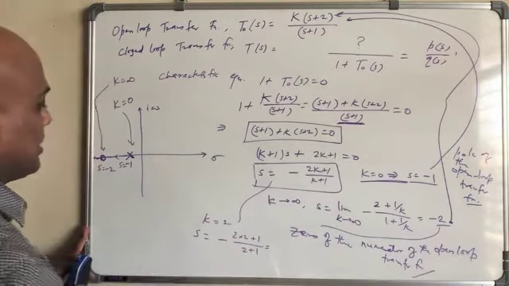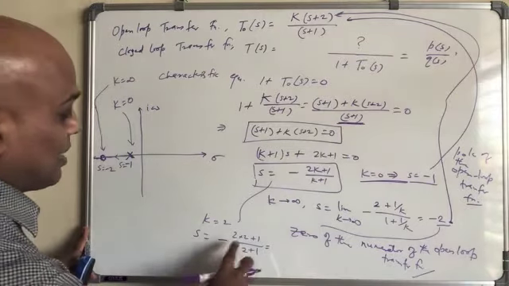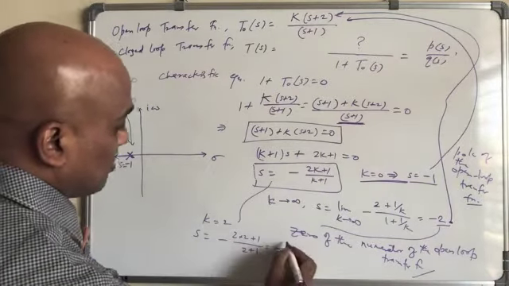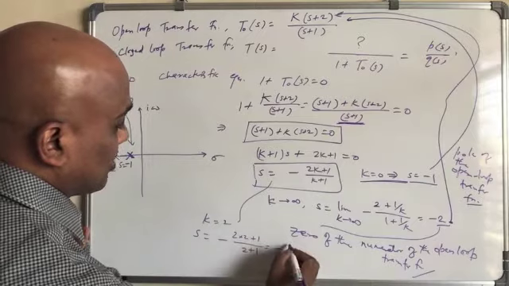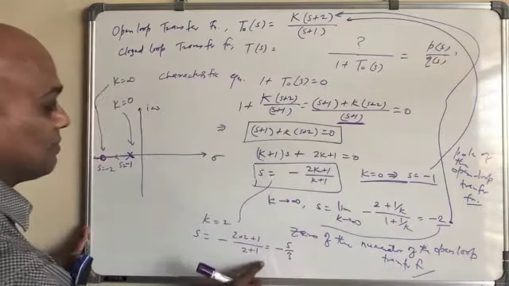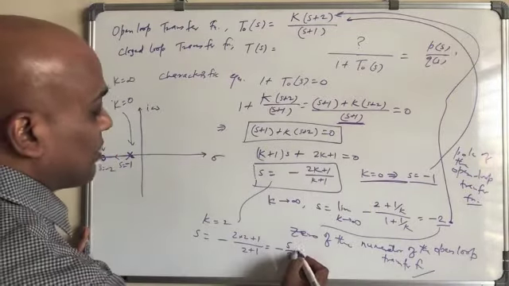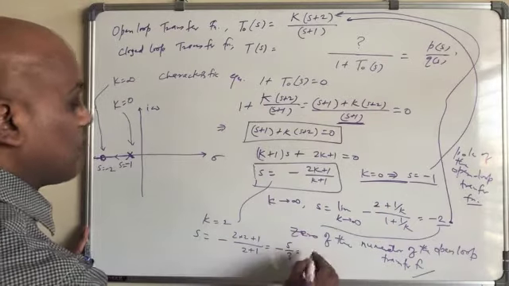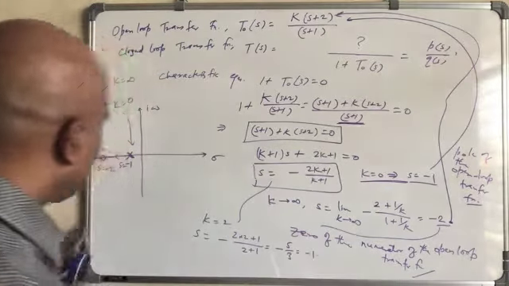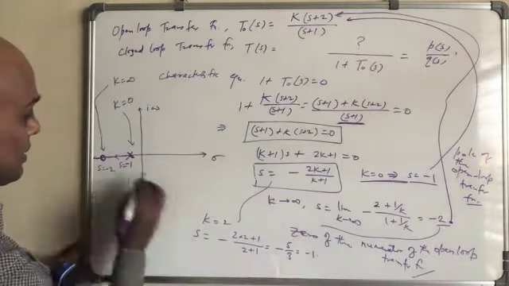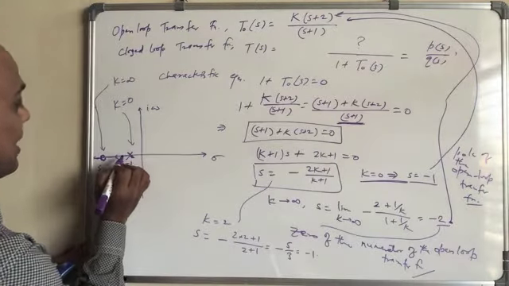And what do you get? We get minus 5 by 3, so minus 1 point some value. That means it will be somewhere here, and so on.